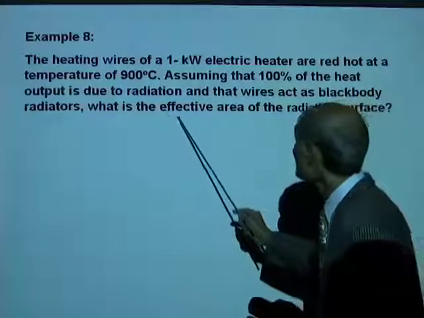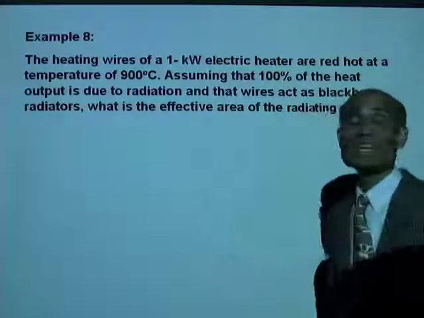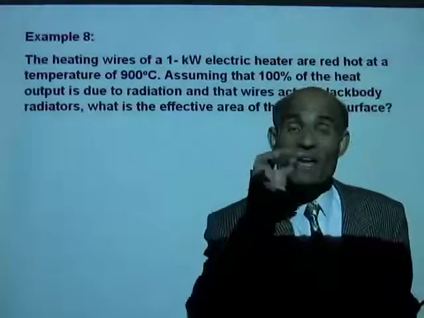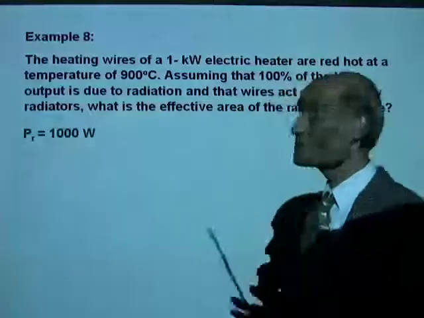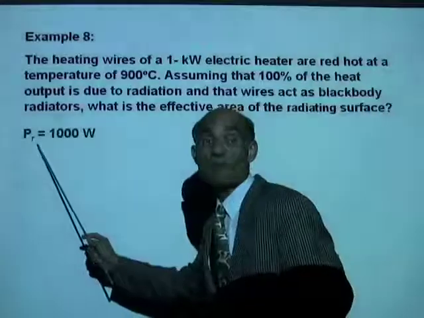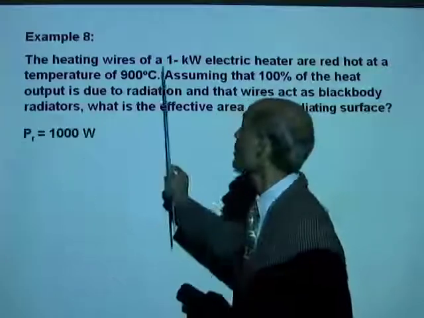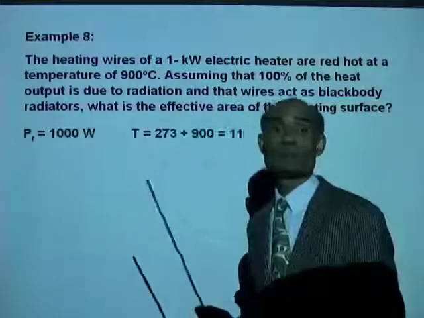What is the effective area of the radiating surface? Well, we need to find A, the area of the surface. Let's pick our data. The power radiated P sub R is 1000 watt, 1 kilowatt.